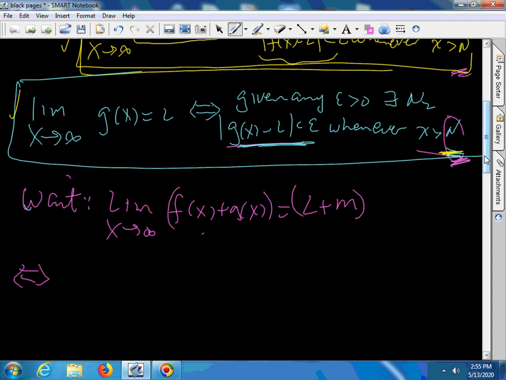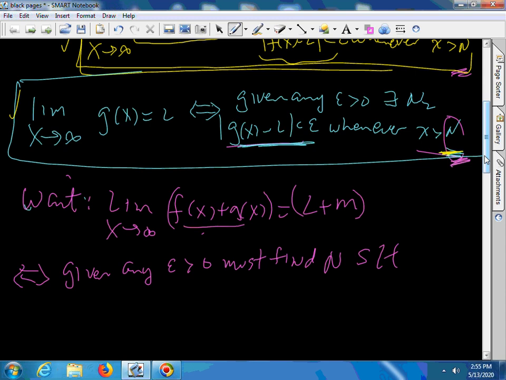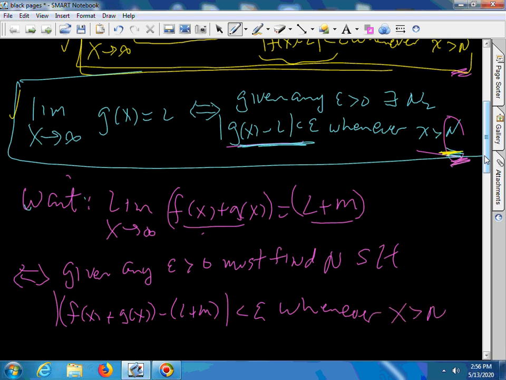That means that given any epsilon greater than 0, we must find an n in the natural numbers such that this minus that is small, less than epsilon: the absolute value of f of x plus g of x minus L plus M is less than epsilon, whenever x is large enough.